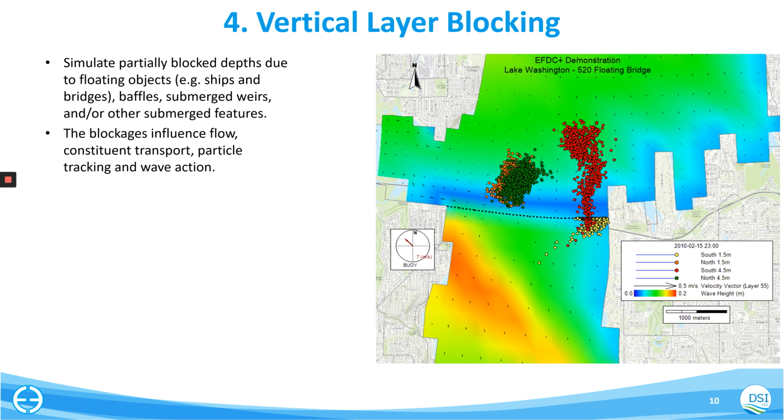Then it could vary as to whether or not the cells were connected from one cell to another. But there are many cases where you actually only want partially blocked vertical layering. In this case, what we were looking at is the 520 floating bridge in Lake Washington. It's about 3 or 4 meters deep.